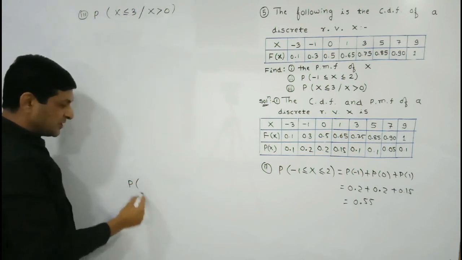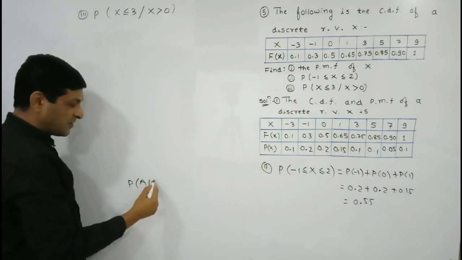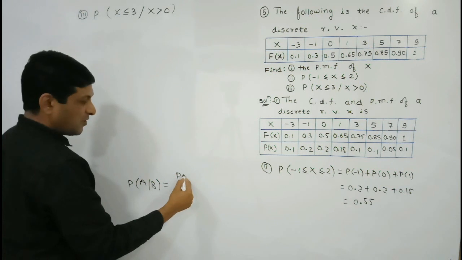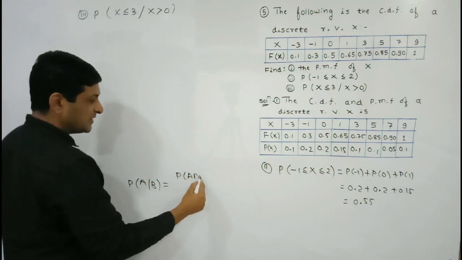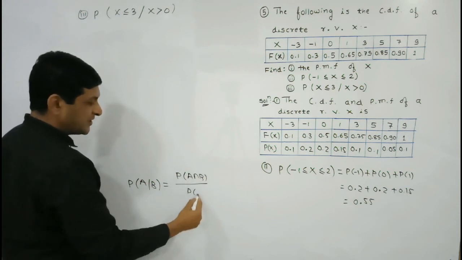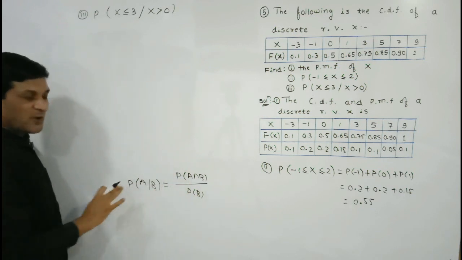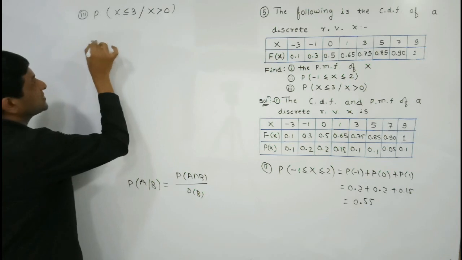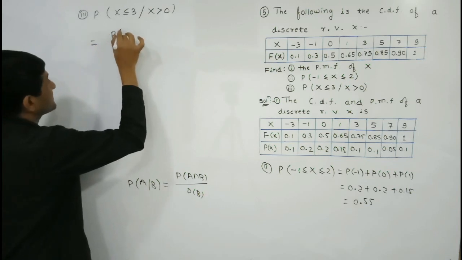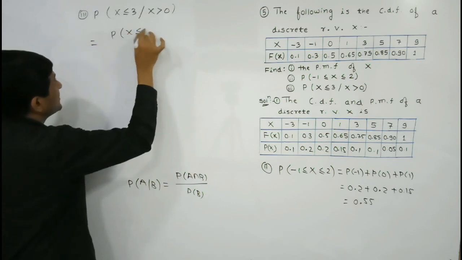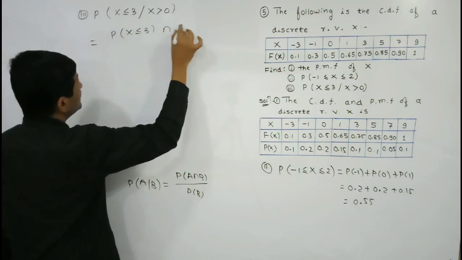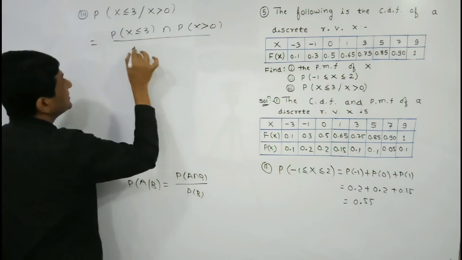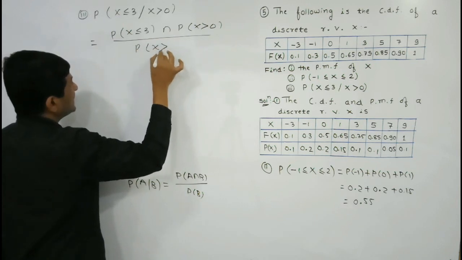Conditional probability is denoted by this notation, probability of A given B, and its value can be found as probability of A intersection B upon probability of B. So this formula is applicable here also to find our required probability, which is equal to p of x less than or equal to 3 intersection x greater than 0, divided by p of x greater than 0.